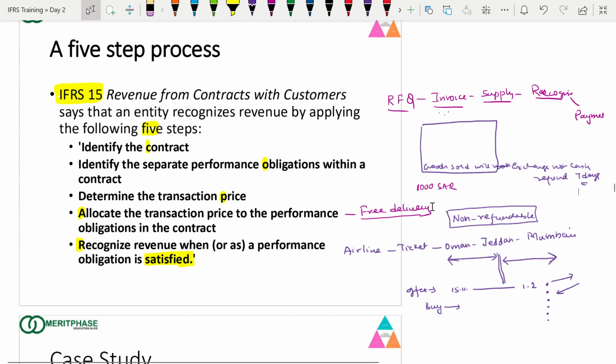Beyond 7 days, you cannot do it. Yes, you're right. Conditions are there. I will give more important points, but this is a good discussion. Once it is sold, cash will not be refunded. Once it is sold, it is a sale, within 7 days.